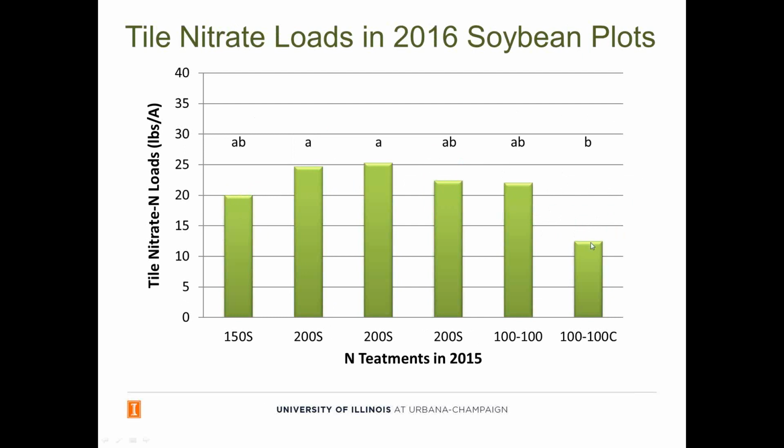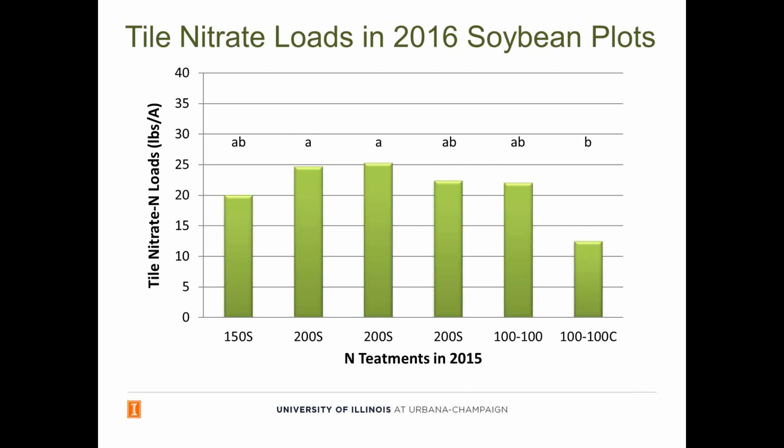And so, in our very first year of trying cereal rye, after corn, ahead of soybean, we had an instantaneous response. No long lag time. We're not going to need a decade to see a difference in these tile drained areas. So that's the good news, that we can have a great impact if the cover crop grows well enough.